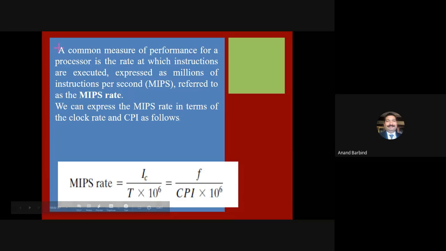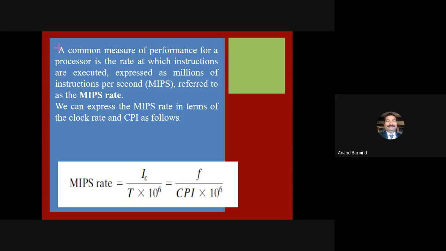Okay. After CPI, we discussed that one of the common performance measures for a processor is the rate at which the instructions are executed, and it is expressed as millions of instructions per second. Commonly it is called MIPS, so it is referred to as the MIPS rate.